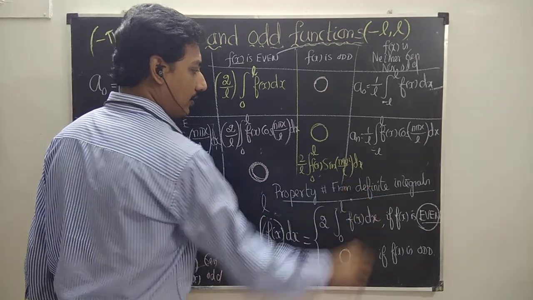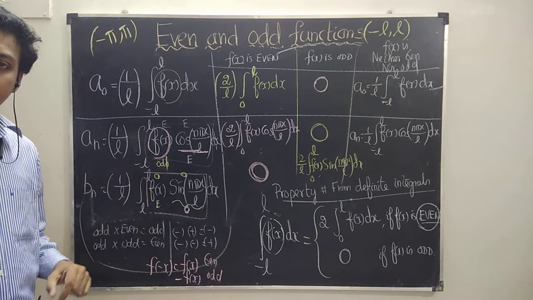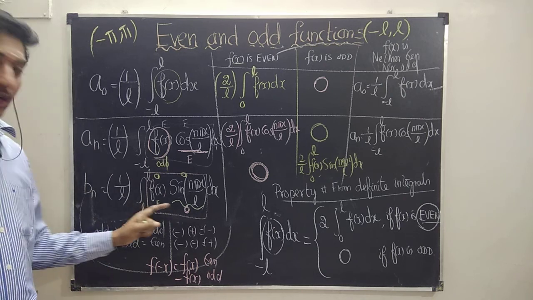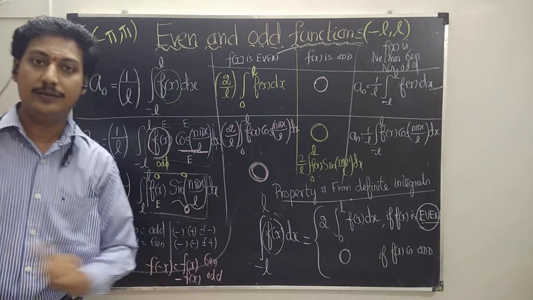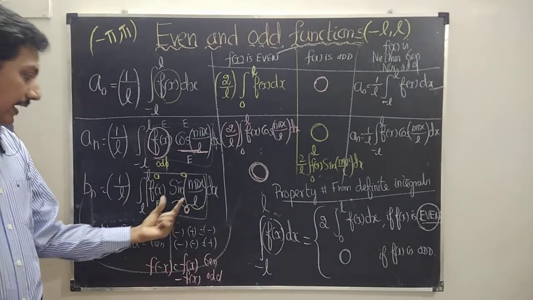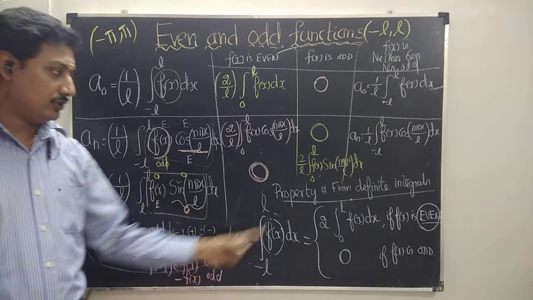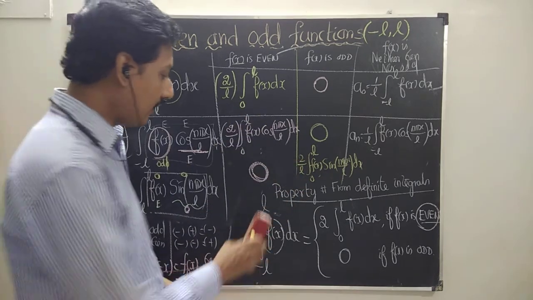Got it? Once more, I repeat: if the function is even, sin x is always odd, even into odd is odd, so it is 0 if f of x is even. Suppose f of x is odd, sin is also odd, so odd into odd becomes even, so it is twice the integral. What about neither even nor odd?